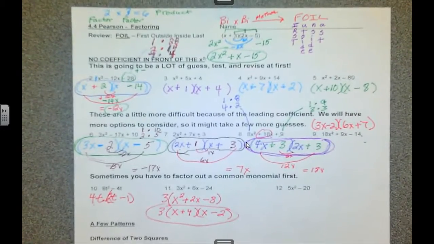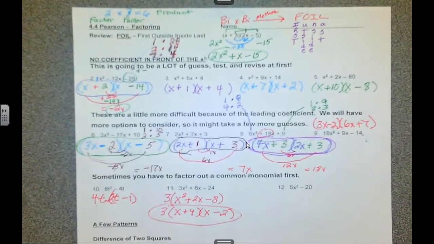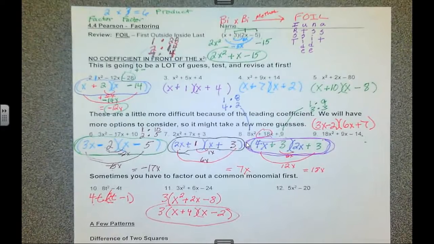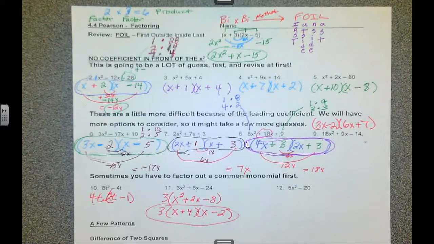Guys, when we're doing factoring, try to do this without any techniques. If you're really having trouble with it, I'll show you a couple of techniques that you probably learned back in Algebra 1, like the box, the diamond, or slide and divide.